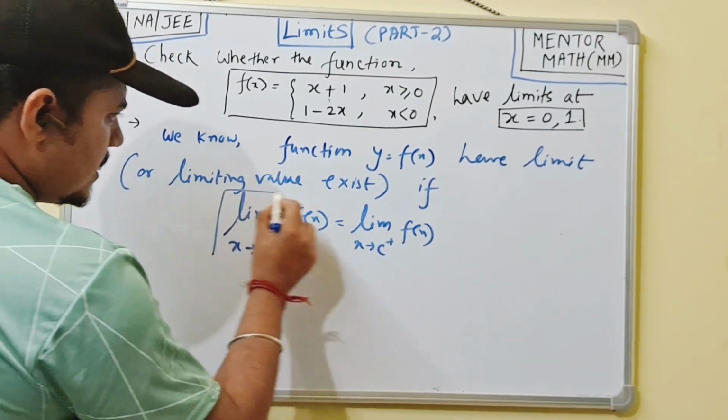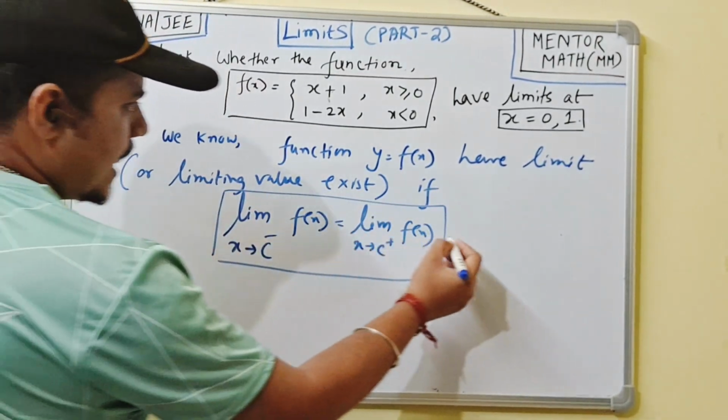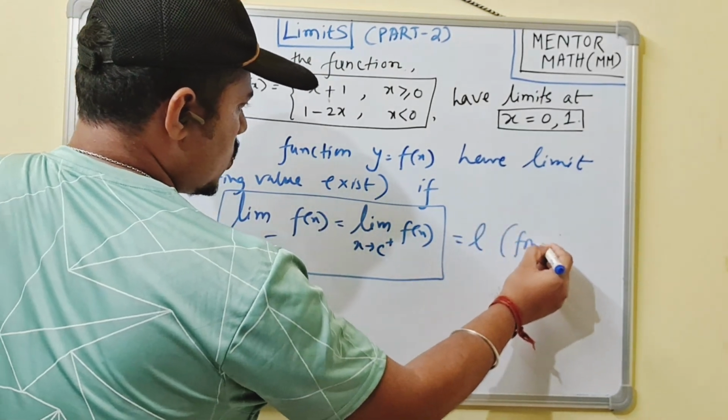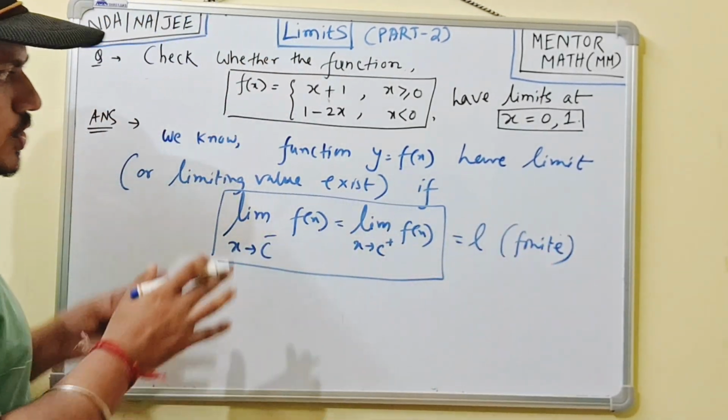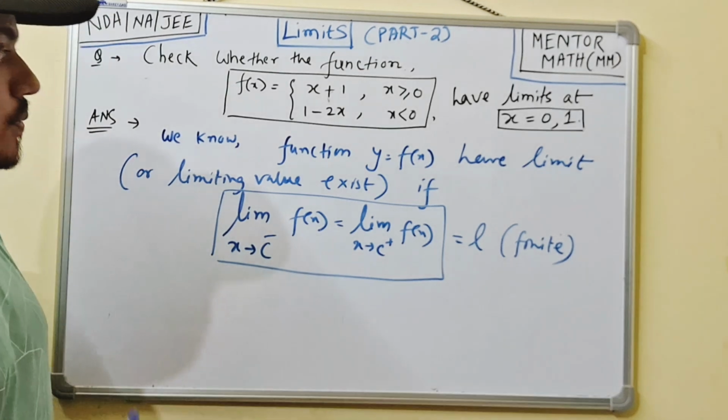This is left hand limit equal to right hand limit, and that value L is also a finite value. So this is the mathematical definition of the limit.